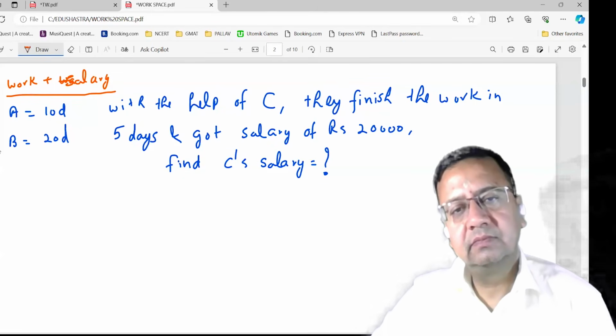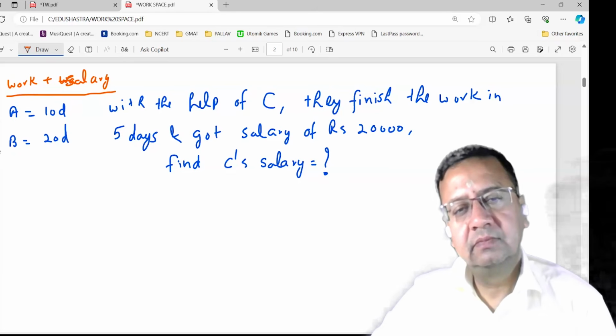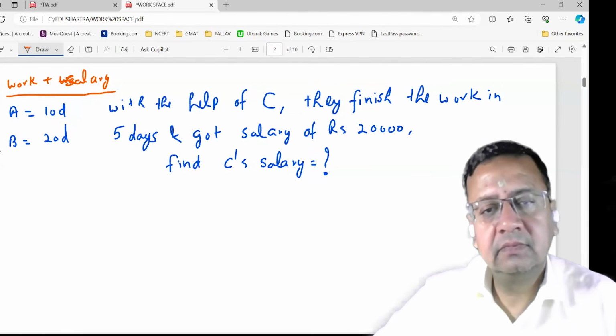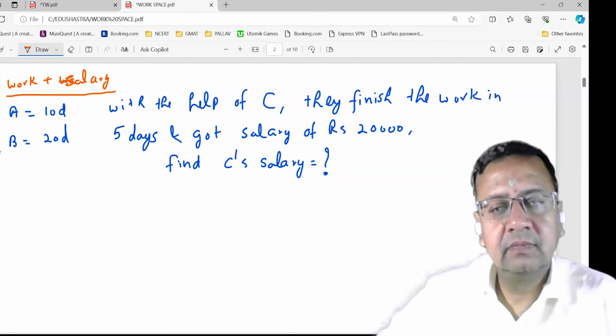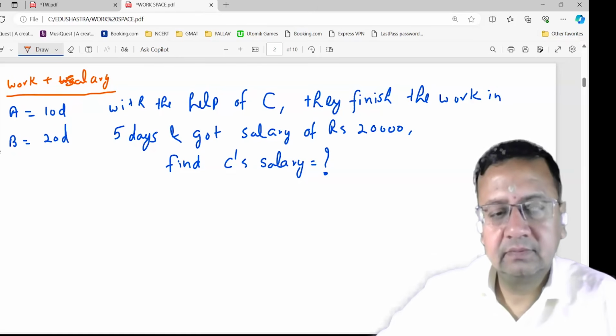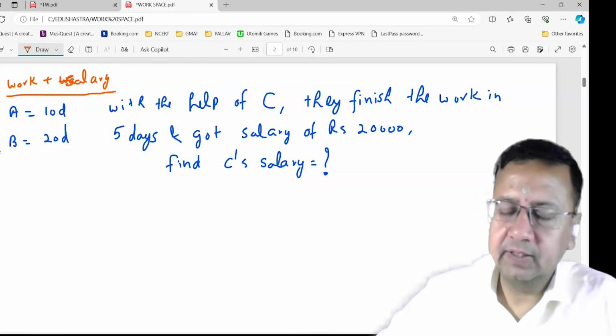If we divide 20 by 5 days, we get efficiency 4 for 1 day. The efficiency of A and B is only 2 and 1, that is 3, so the remaining one efficiency will be the efficiency of C, and we will distribute this money in the ratio 2, 1, 1.